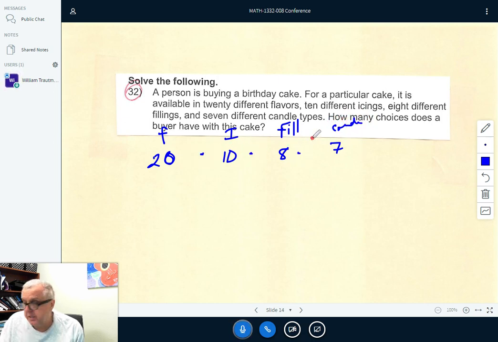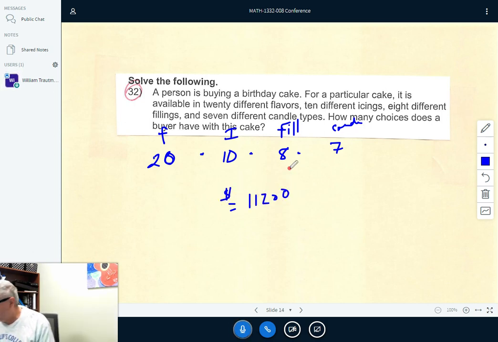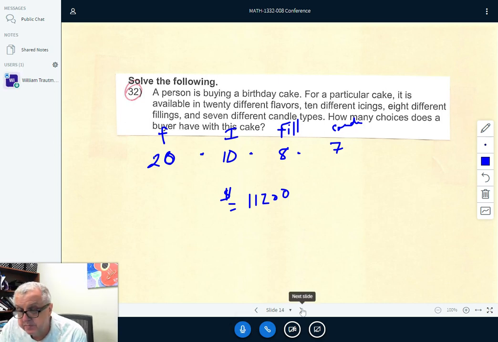Well, you just multiply those together. 20 times 10 times 8 times 7, and you get 11,200. 11,200 different possibilities.